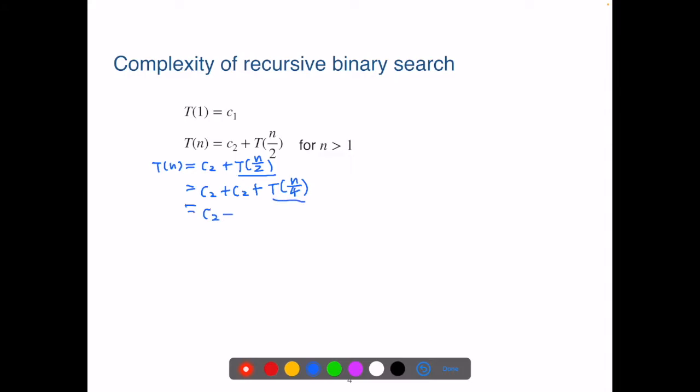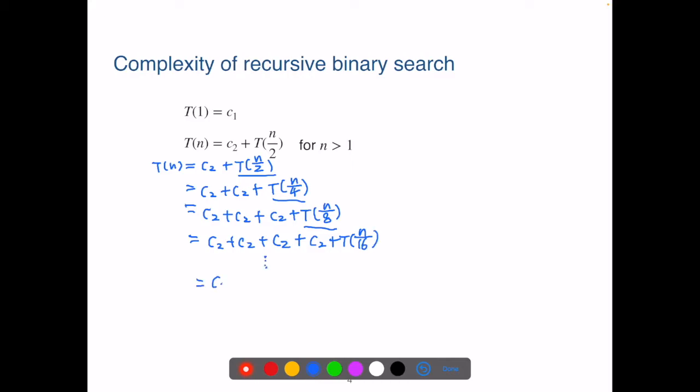So that'll give us C2 plus C2 plus C2 plus Tn over 8. Right? Keep dividing by 2. And then we replace this. That'll give us C2 plus C2 plus C2 plus C2 plus Tn over 16. Okay, so we'll keep going on.